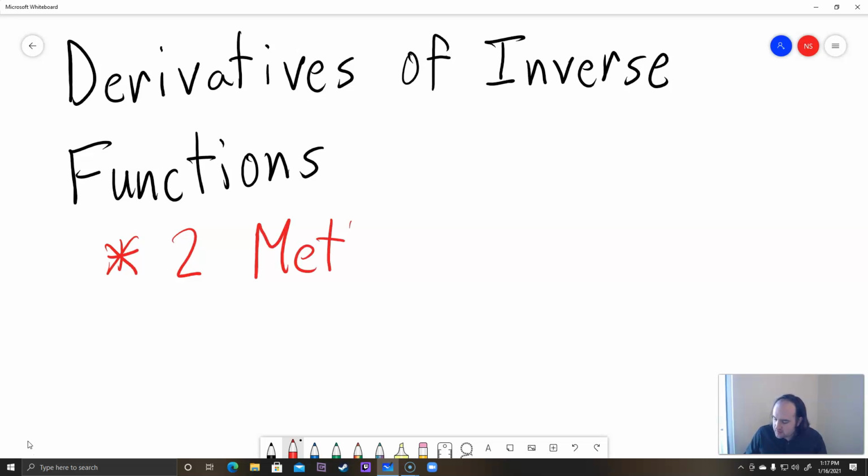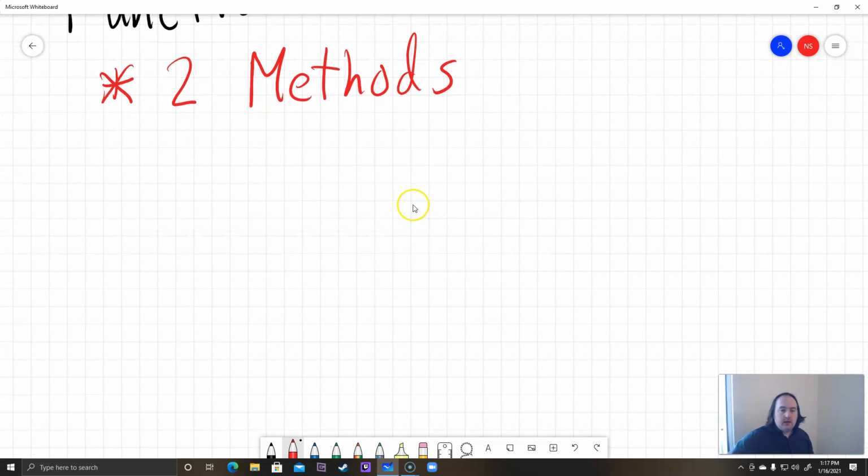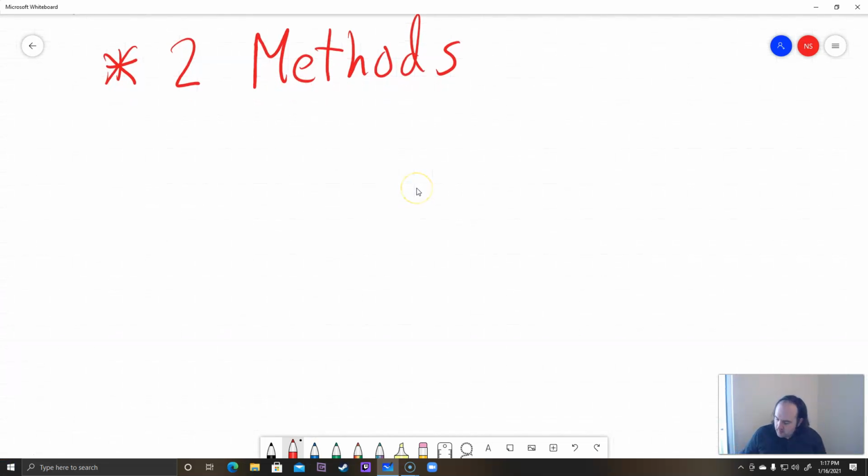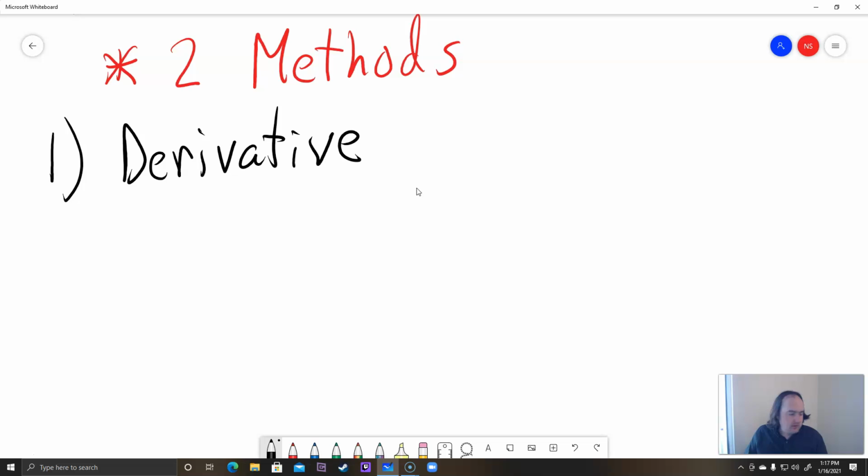Two methods or two different approaches. The first way is called the derivative rule for inverses.